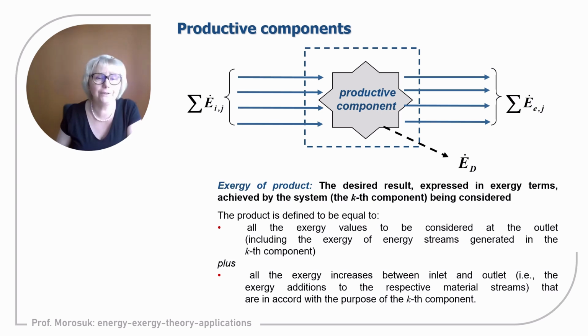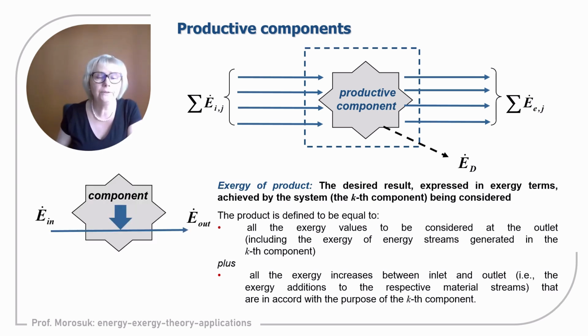Now with the product. Again, we have a component and we have one material stream. And we find that the exergy at the inlet of the stream is lower than the exergy at the outlet. It means that exergy is supplied to this stream within the component.